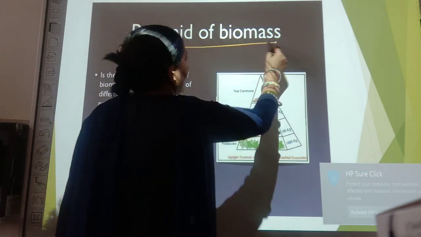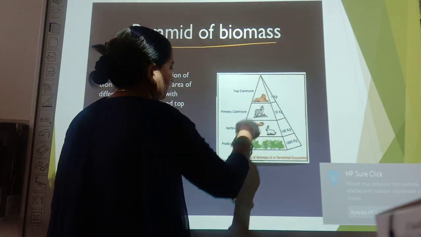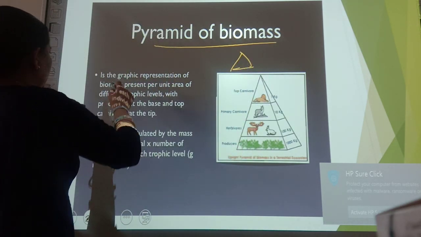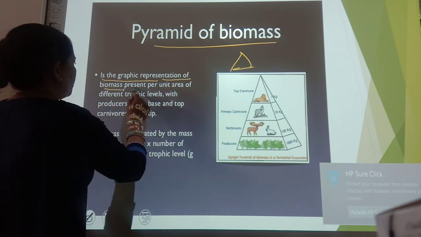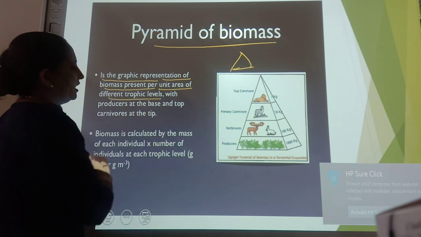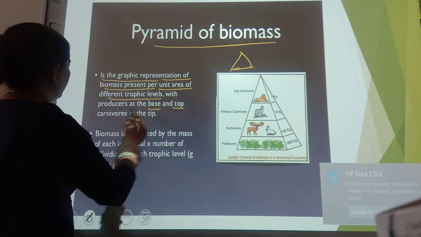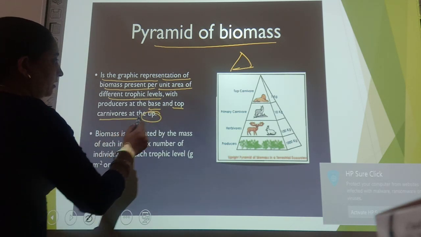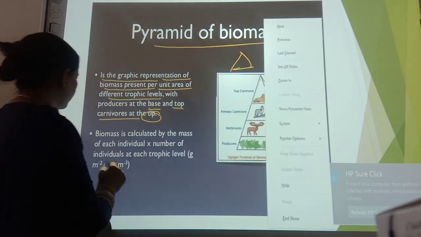In the pyramid of biomass, the pyramid is also upright. It is the graphical representation of biomass present per unit area of the different trophic levels, with the producers at the base and the top carnivores at the tip.